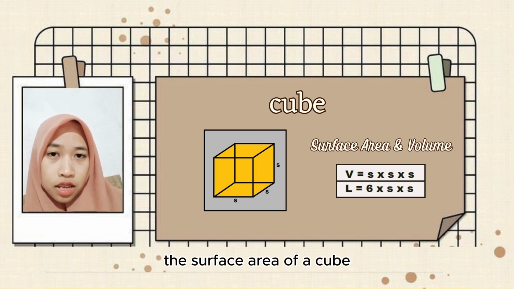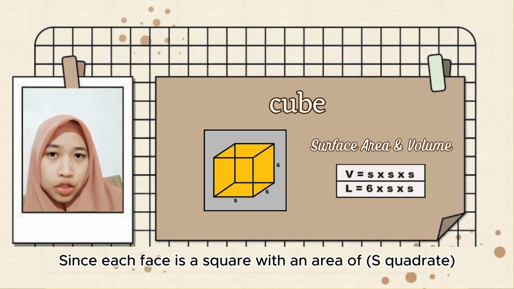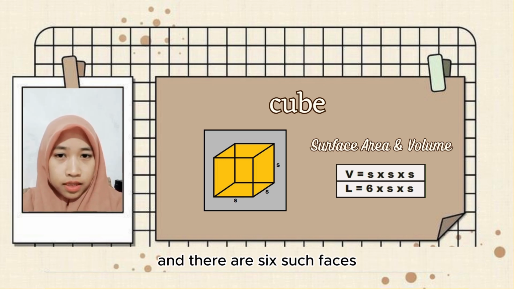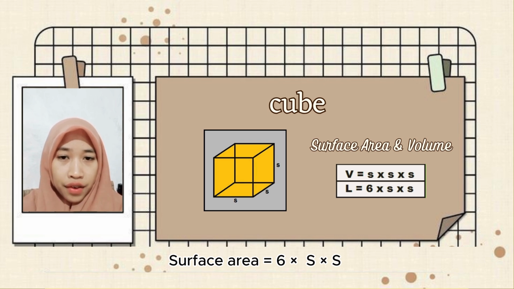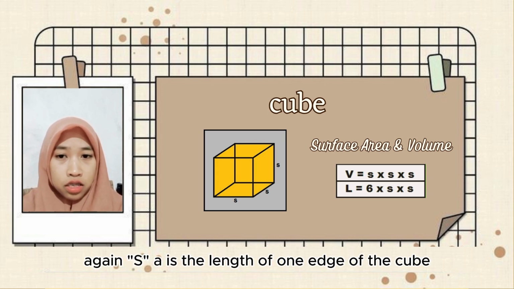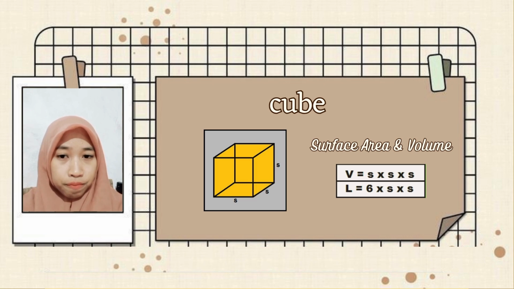Next, surface area of a cube. The surface area of a cube is the total area of all its 6 faces. Since each face is a square with area of S squared and there are 6 such faces, the surface area can be calculated using the formula surface area equals 6 times S times S. Again, S is the length of one edge of the cube.